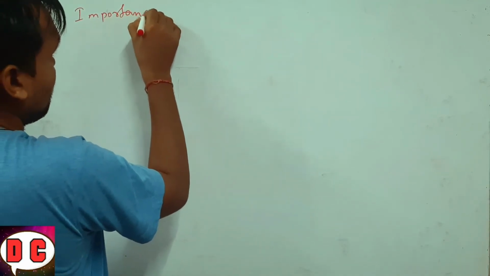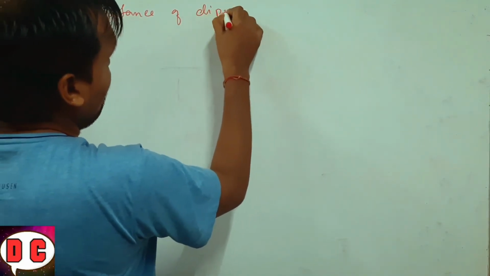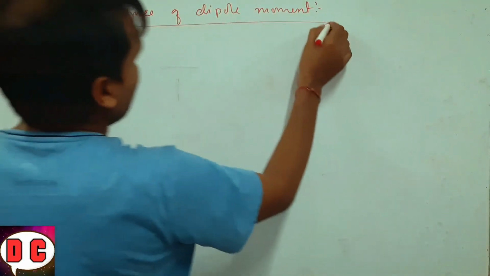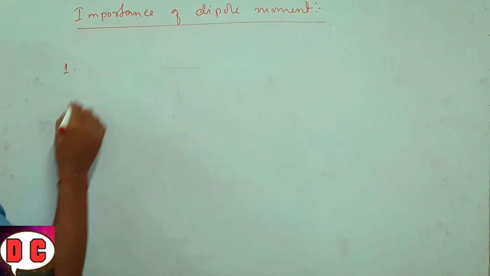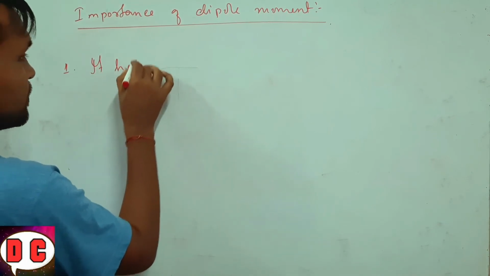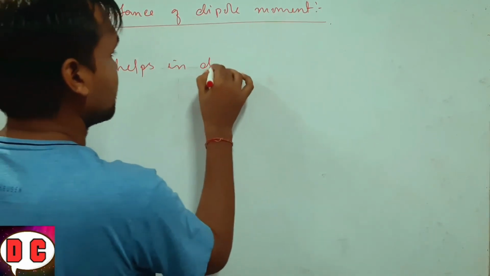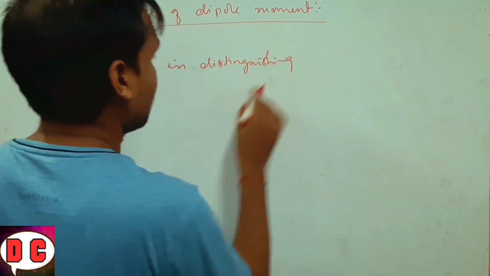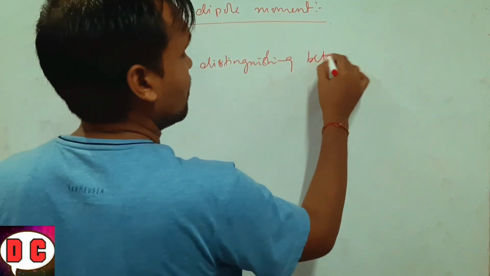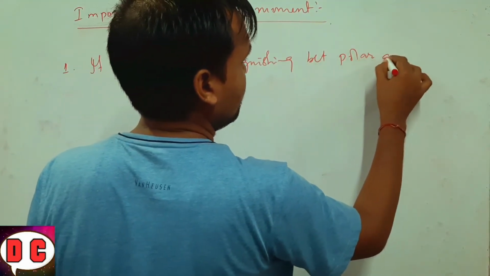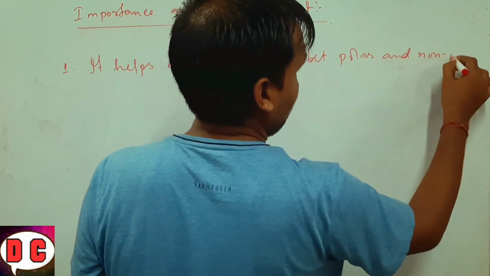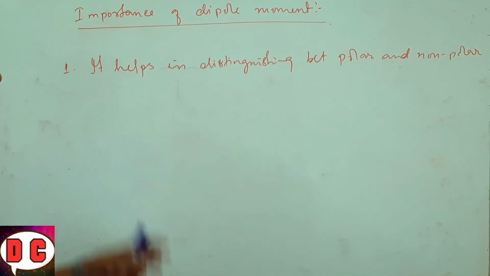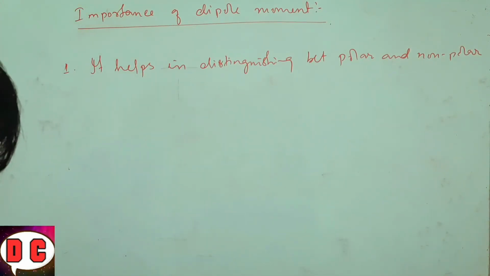The first point is that it helps in distinguishing between polar and non-polar substances. Dipole moment helps in distinguishing the polar and non-polar molecules.